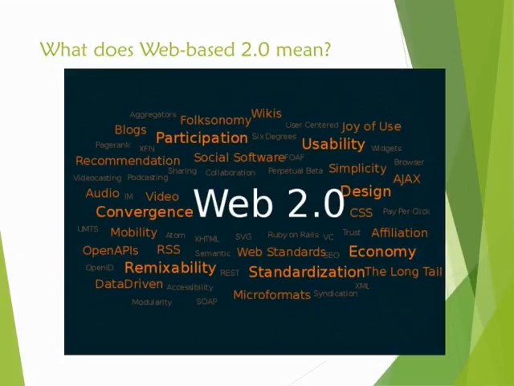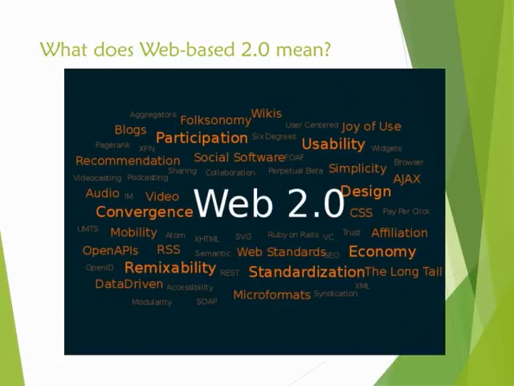That is associated with web applications that facilitate participatory information sharing and collaboration on the internet. A 2.0 site allows users to interact and collaborate with each other in social media dialogue as creators and consumers of user-generated content in a virtual community.